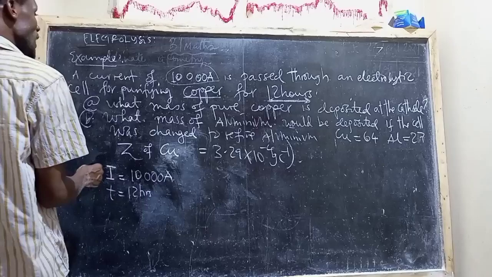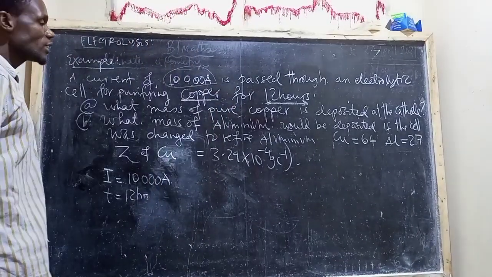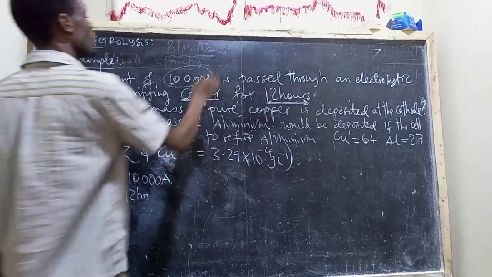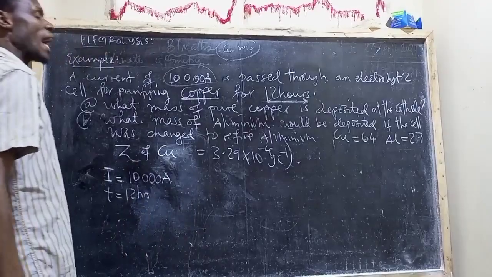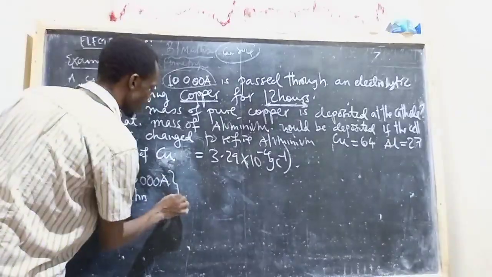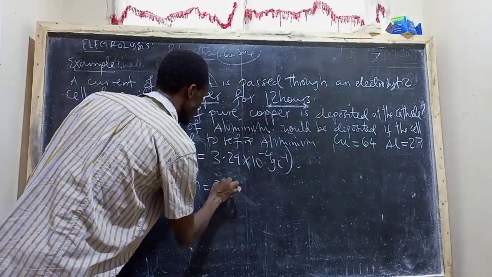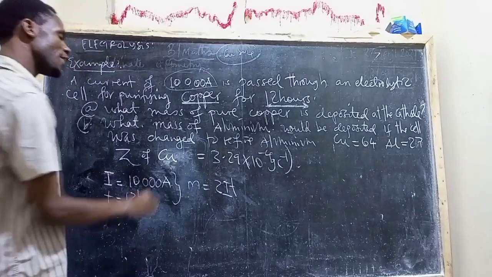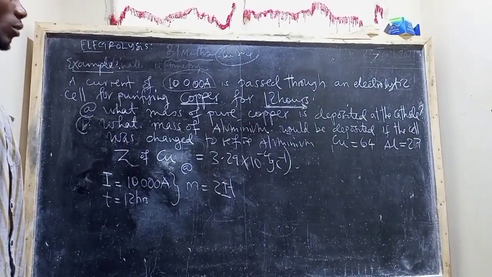Because you are just talking about copper only, and it was purified from maybe copper sulfate as a single electrolyte, we use the first Faraday's law, that is M is equal to ZIt. Now, this question is all about the first Faraday's law.